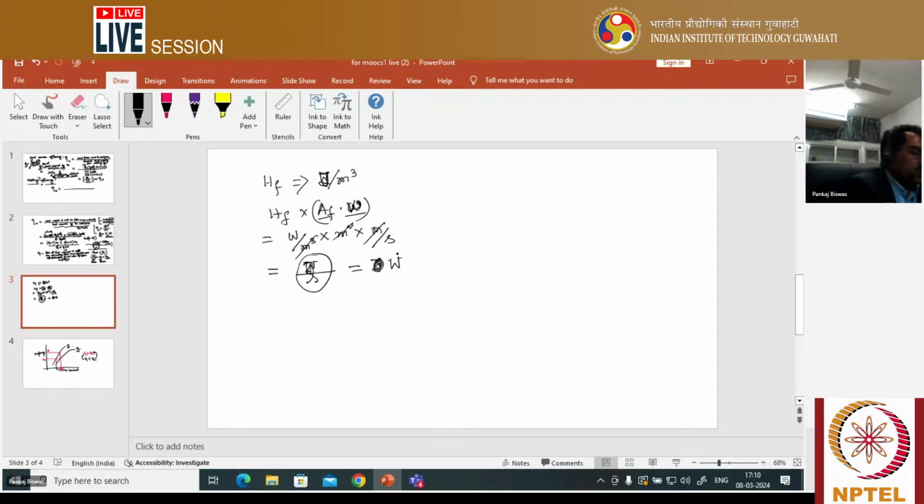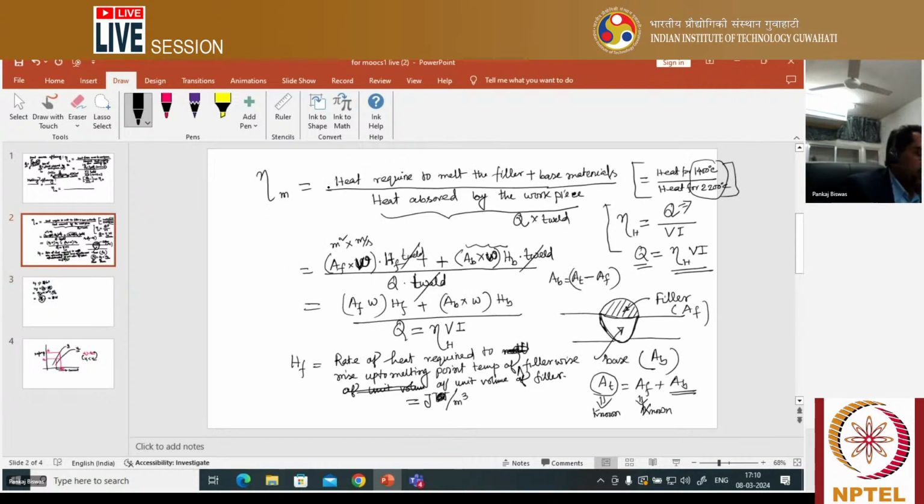This HF has a unit of joule per meter cube, because I have already written here heat required, actually instead of rate of heat. It is heat required to raise up to melting point temperature of filler wire and melt it. If you use rate of heat, then T weld terms will not come. Okay, this is the thing. Both other things are okay.